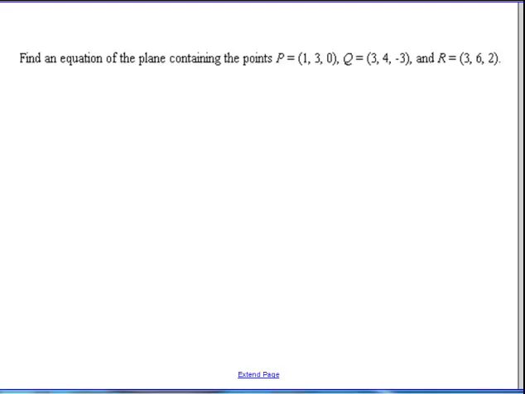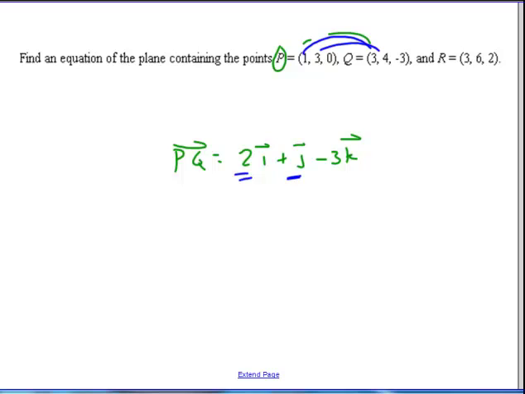Here are our points P, Q, and R. Let's let P be our home point. So from P to Q, we have 2i plus j minus 3k. What I'm doing there is just looking at, from 1 to 3 is 2, from 3 to 4 is 1, 0 to negative 3 is negative 3.